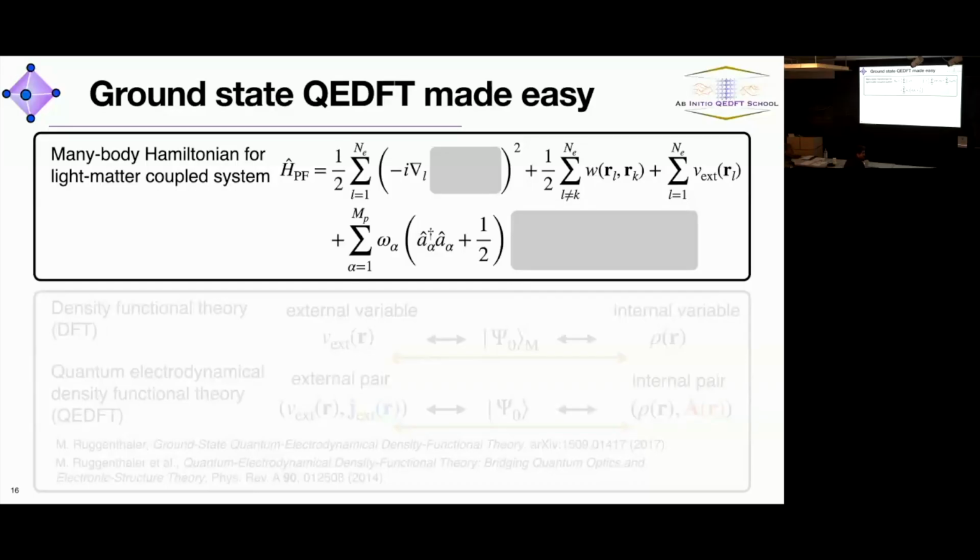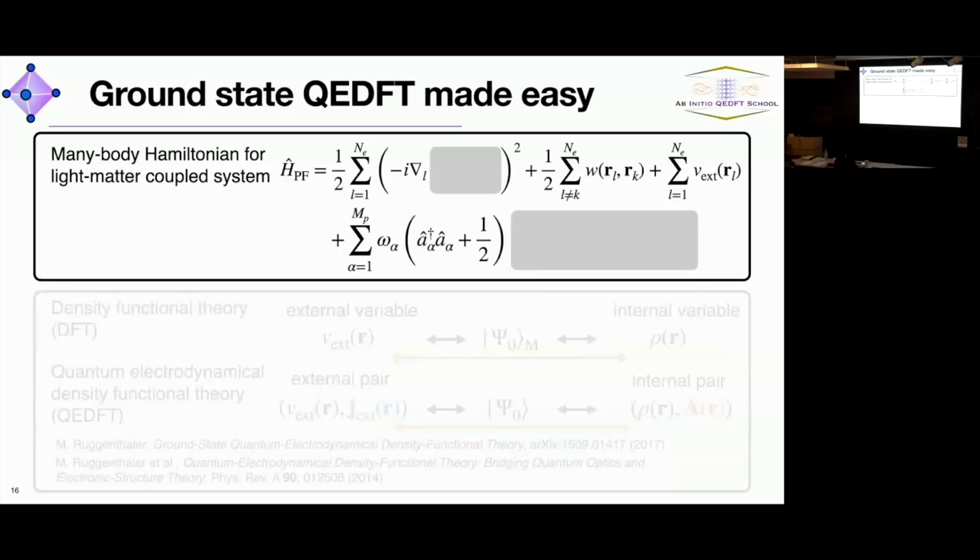So the first box would be adding the vector potential, squaring it. And then the second box would be the vector potential applied with the kinetic operator of the nuclei. So the nuclei plus the vector potential squared. Okay, good. Very good try.